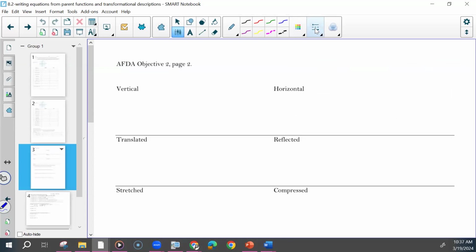So things that are vertical deal with y values. Things that are horizontal deal with x values. And we're going to draw different graphs to show what is happening. I'm actually going to make this small.